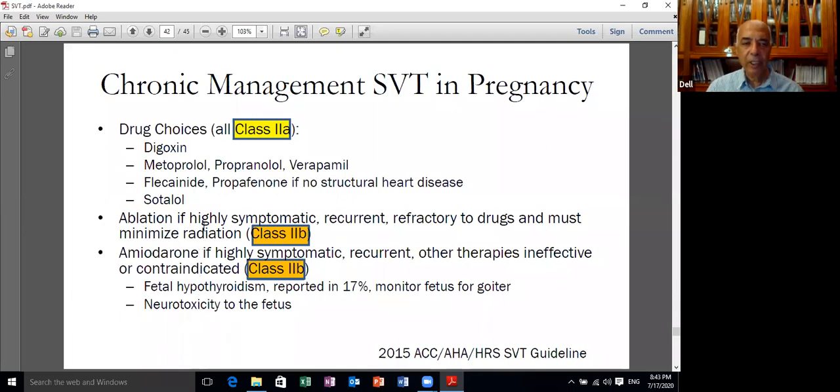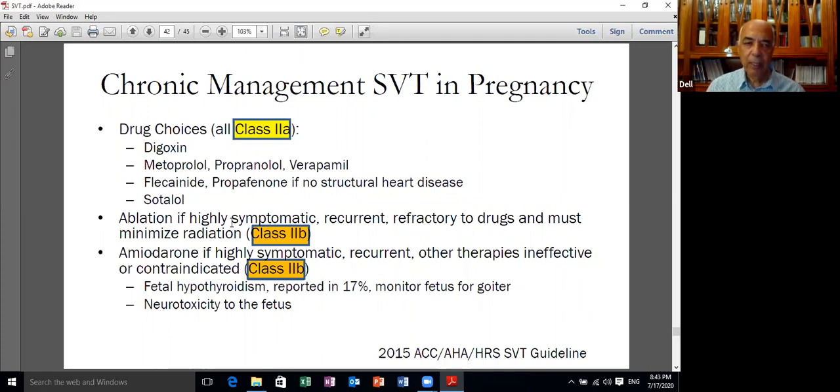What about ablation? Usually we succeed in treating these patients chronically by drugs. With ablation, the patient is forced to lie on the back for quite a long time, and this compresses the uterus and prevents the venous return, diminishes the cardiac output, and produces placental ischemia.